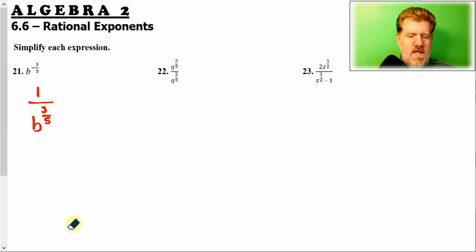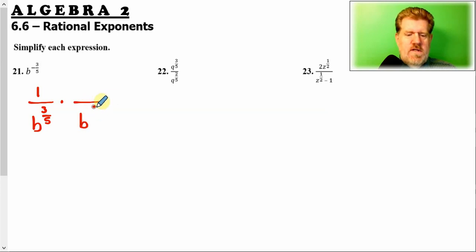Great. So here's the weird one. How can I make the denominator not have a root? Now, if you think about it, it's really not that difficult, because what would I have to multiply this by to not have a root anymore?